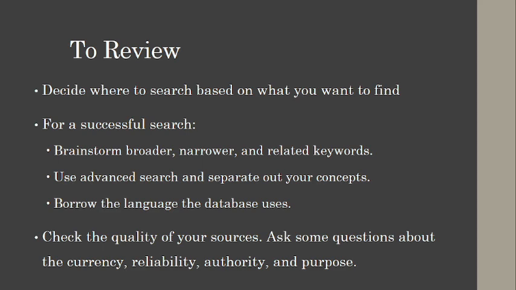And don't be afraid, in fact, go right ahead and definitely borrow the language of a database, especially things like subject headings. Using those in your search will only make it stronger. And last but not least, no matter where you find your source, even if it's in a library database, make sure you check the quality of your source and ask some questions about it if you're not sure.